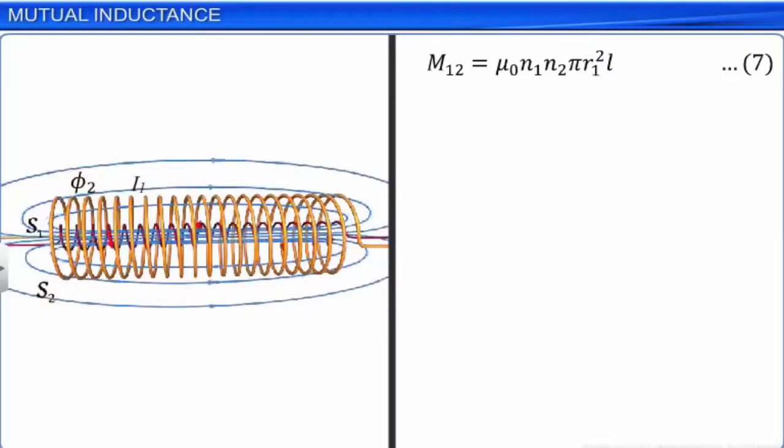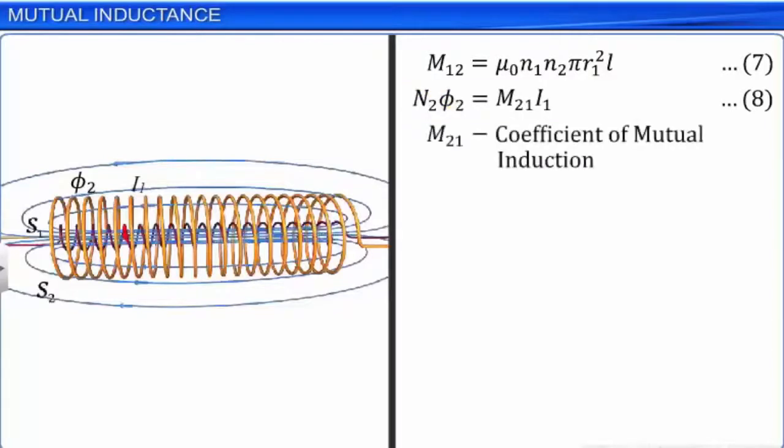Then, the total flux linkage with solenoid S2, N2 phi 2, is equal to M21 I1. Let this be equation 8. M21 is called the mutual inductance of solenoid S2 with respect to solenoid S1. It is also referred to as the coefficient of mutual induction.